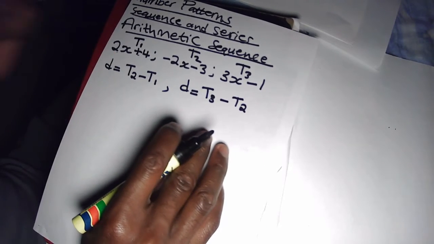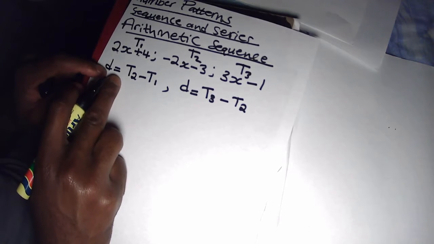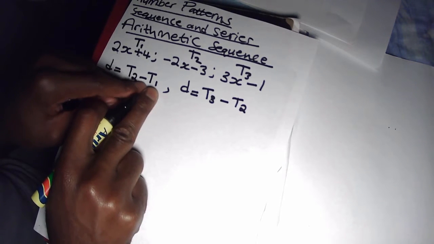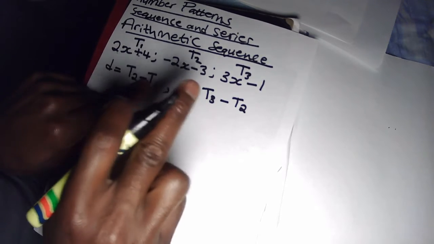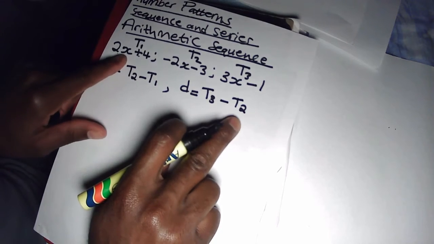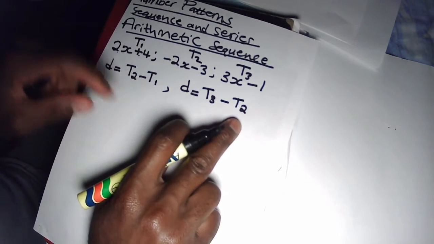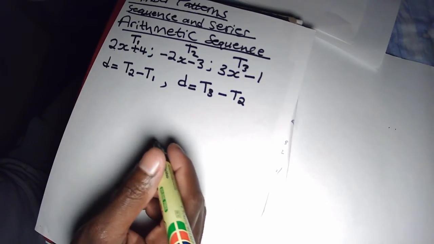So we are not only going to use t2 minus t1. We are going to use both t2 minus t1 and t3 minus t2, since our terms contain the variable x. So we are bound to use it in this way.